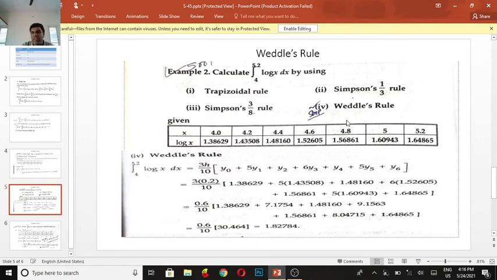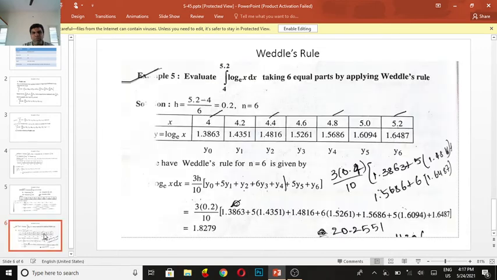By Weddle's rule, we get 1.82784. We come to one more problem in the same form, but evaluate the integral from 4 to 5.2 of log x base e dx, taking 6 equal parts.